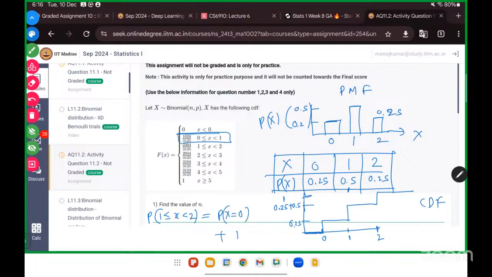So these two values they have added, and they got this value. That is, x greater than or equal to 1 and x less than 2: this plus this. That's how they got this. So summation is the PDF. Now this was the explanation of CDF.